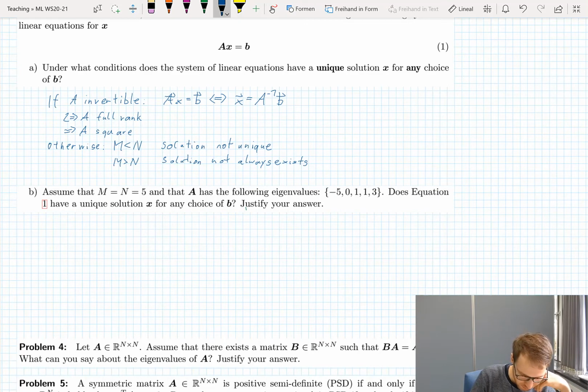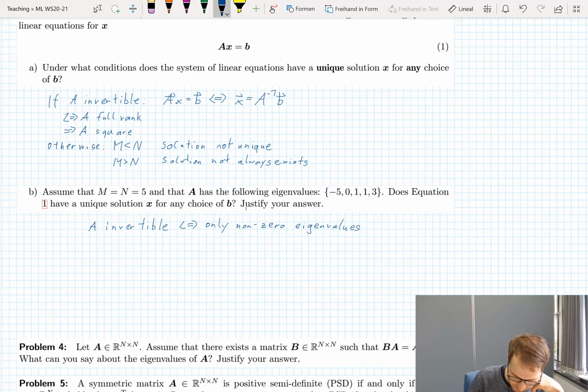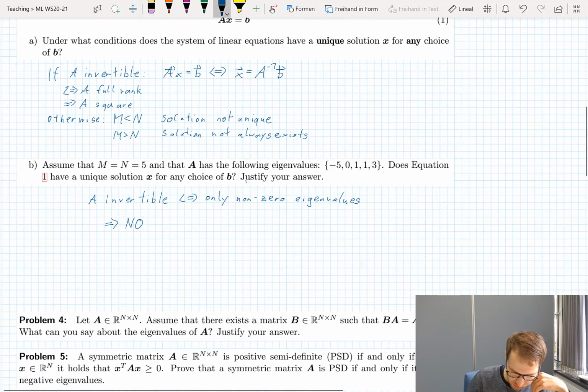So we know that A invertible is equivalent to only non-zero eigenvalues. So the answer is no. This is a justification, right? Only saying no would not have been enough.